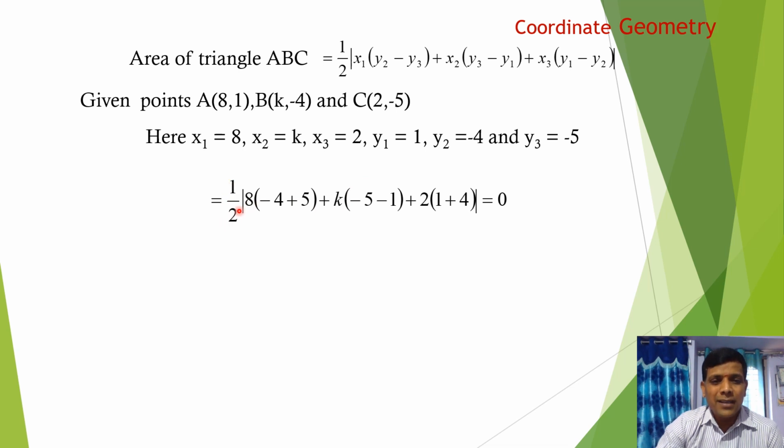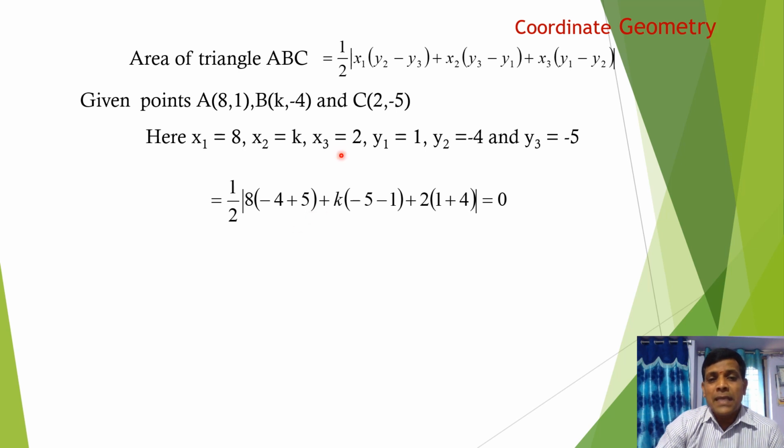So half mod of x1 into (y2 minus y3). What is the value of x1? x1 is 8, so 8 into (y2 minus y3). y2 is minus 4 and y3 is minus 5, so minus 4 minus of minus 5, which is minus 4 plus 5.